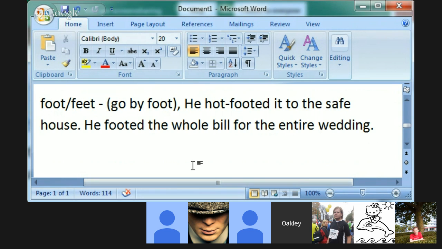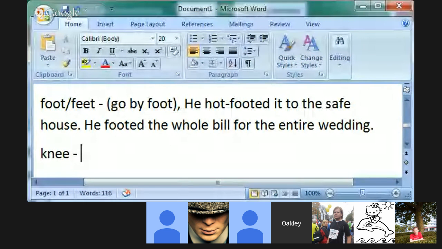Okay. Another part of the body. Let me think here. Knee. Okay, can knee be used as a verb? I don't know.